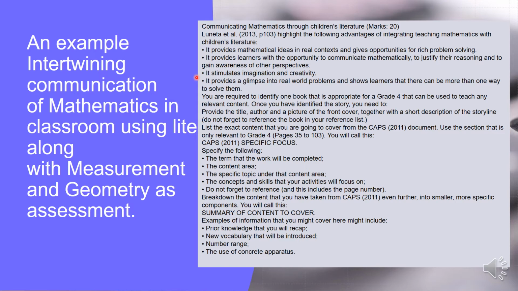It stimulates imagination and creativity. It provides a glimpse of how maths works in the real world and helps you solve problems in the real world. You are required to identify one book that is appropriate for grade 4 and can be used to teach any relevant content.